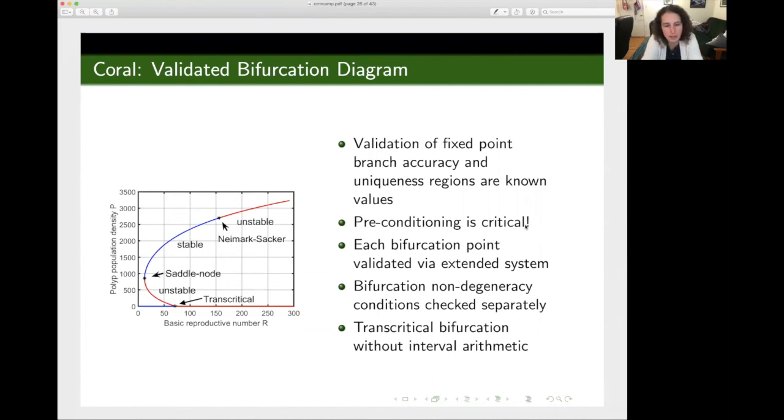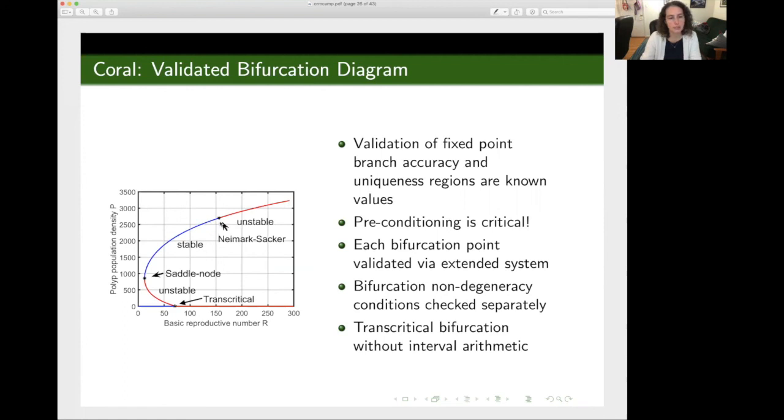The rest is not. I want to make a comment here that preconditioning is critical for this to work. If we hadn't preconditioned, we wouldn't be able to validate even a fraction of these. We ended up validating just a tiny bit in the corner and couldn't go any further. But once we've preconditioned, we're able to validate this whole curve.